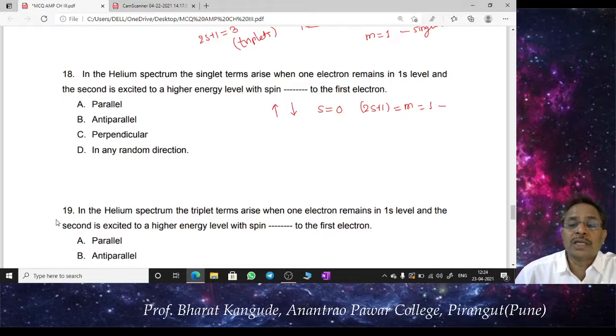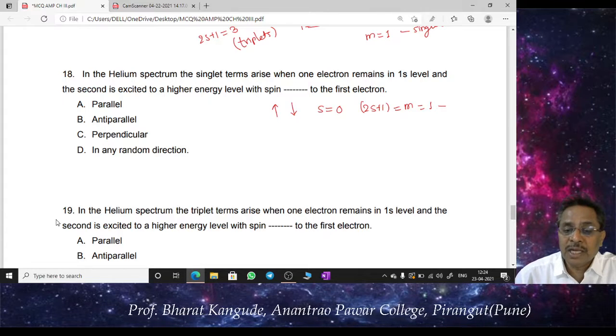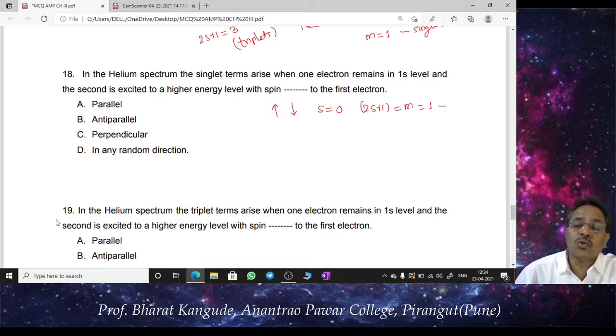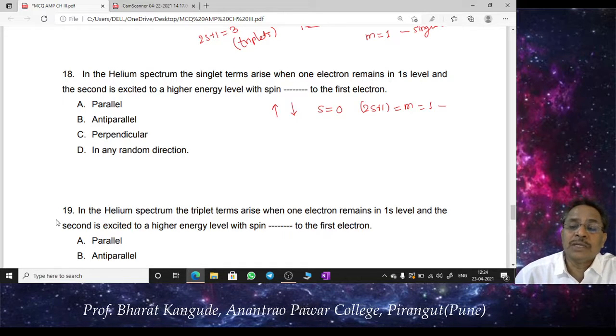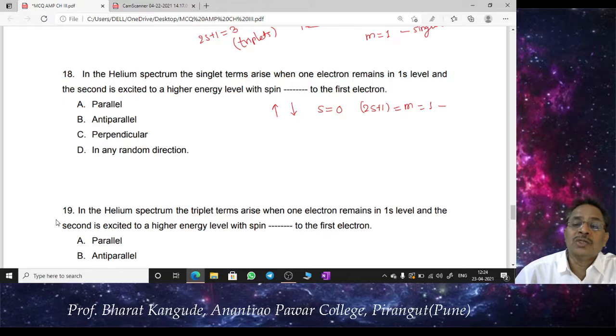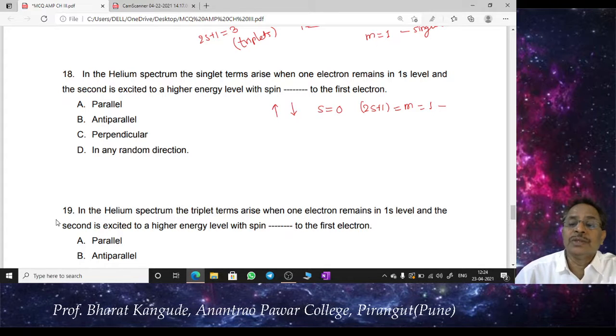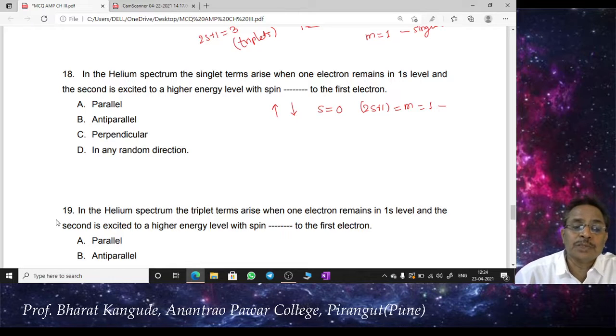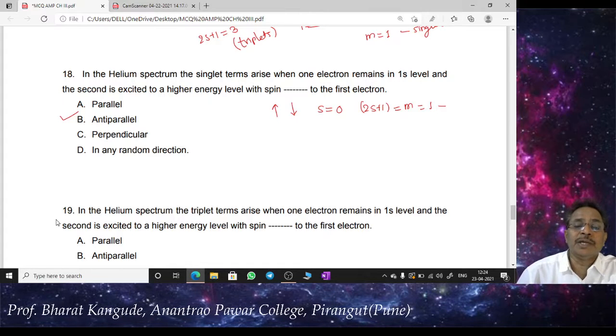That means one electron should be in one state, and the second electron goes into 2s or 2p or whatever, and the spin of that electron is found to be antiparallel. So when they are antiparallel to each other, then S is equal to 0, multiplicity is 1, and it's a singlet. Therefore option B is the correct option for question number 18.